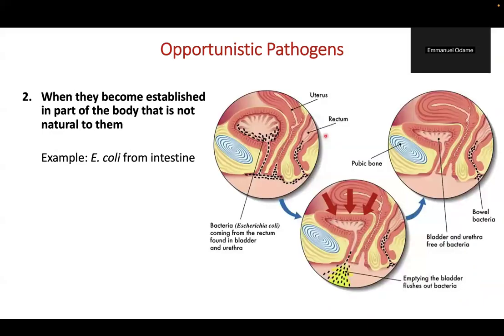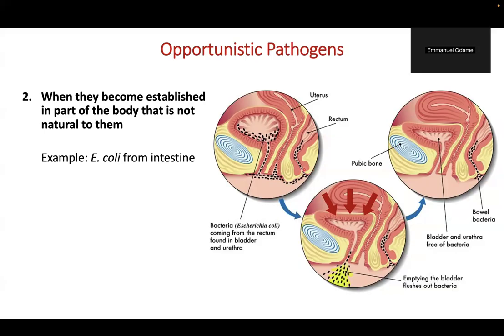The second situation is when they become established in a part of the body that is not natural to them. For example, E. coli. Naturally, E. coli should be resident in your intestines, particularly in your rectum, because that's where your feces go out.